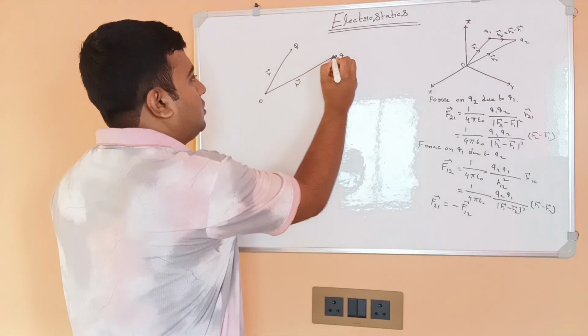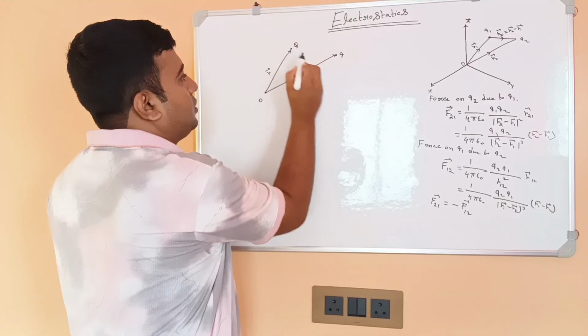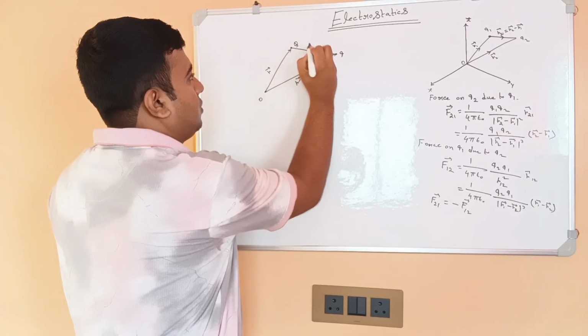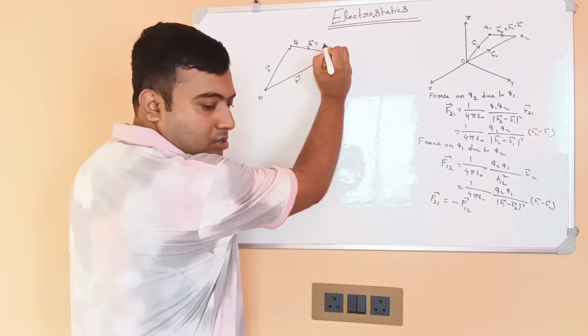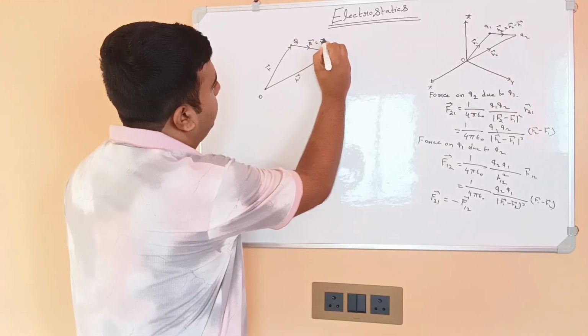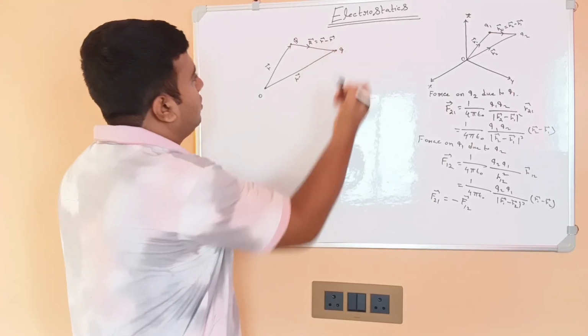So the distance between them is capital R, which is the R vector minus the R prime vector.